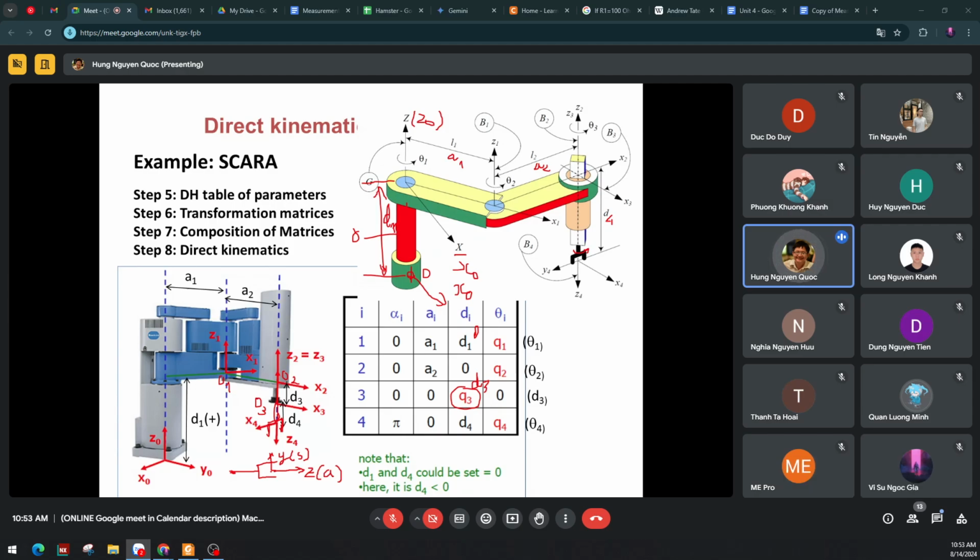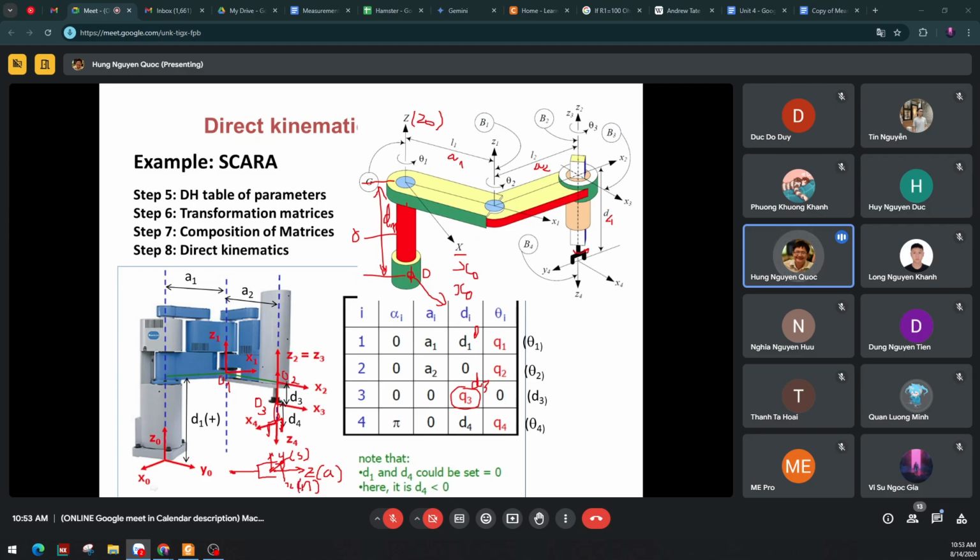So in this case, this is the X, or its name is N, normal.